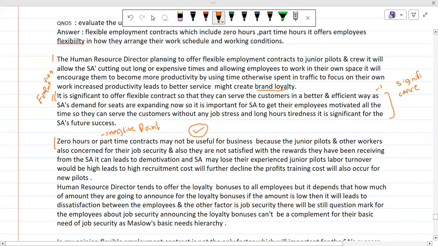Whenever you are writing something, for example, in this paragraph I wrote the positive point for the flexible employment contract. If we want to evaluate this point, one form of evaluation is that we can write the significance of our positive point. The significance of the point is also a form of evaluation, because there are different varieties of evaluation. We can evaluate by different sentences and different points.